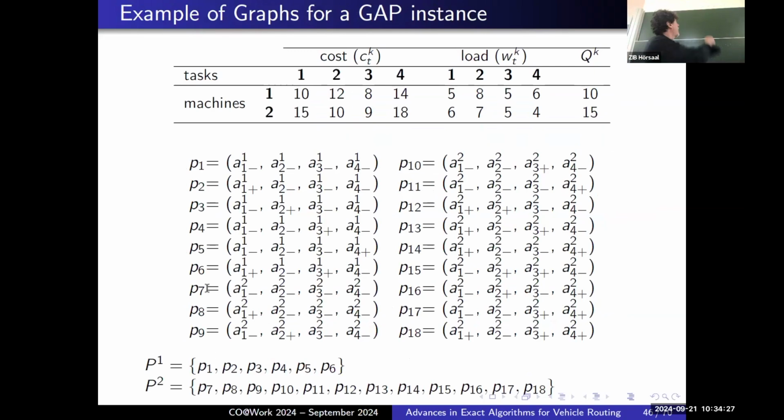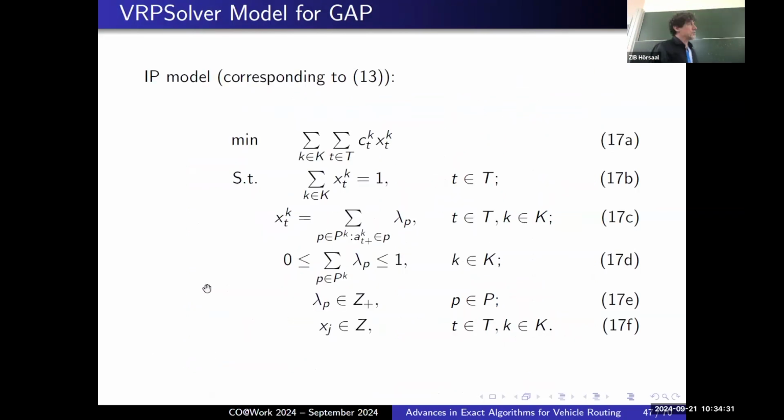So here we have all possible paths over those graphs. And so the formulation is this. Okay. So we have the objective function, the assignment constraint, and here we are saying that the x should be a linear combination of those paths.